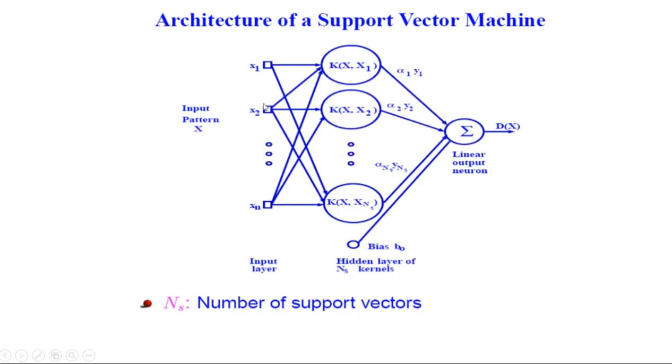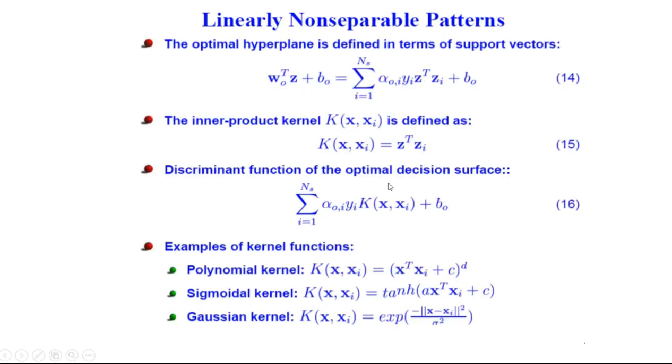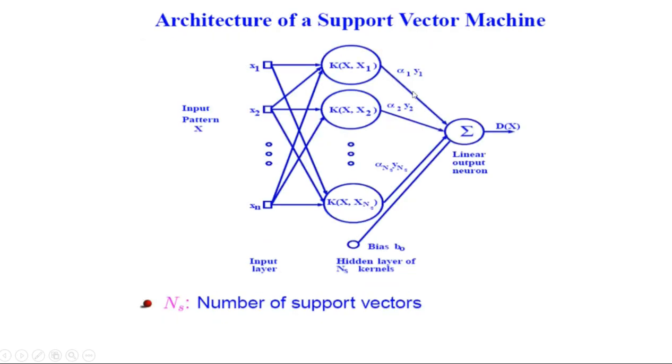If x1, x2, x3 are the inputs, you will apply the kernel function, and after getting the kernel output you multiply it with the alpha optimum and yi. So alpha optimum into yi, that is a specialty here.